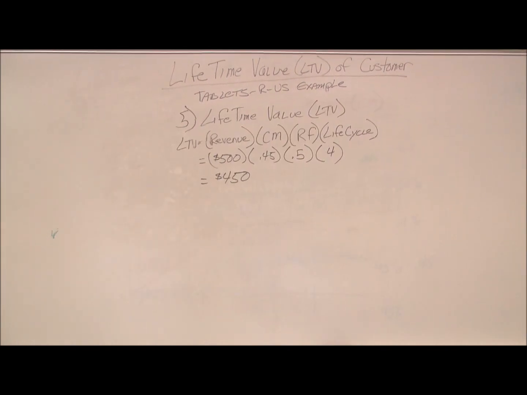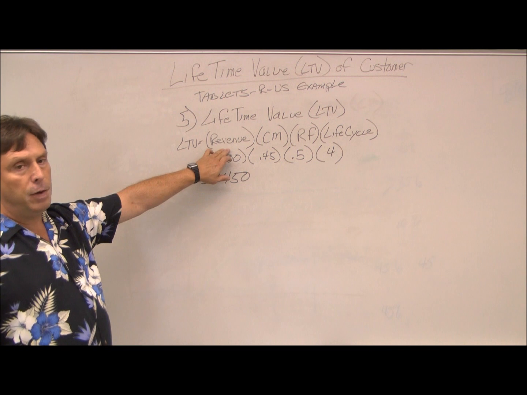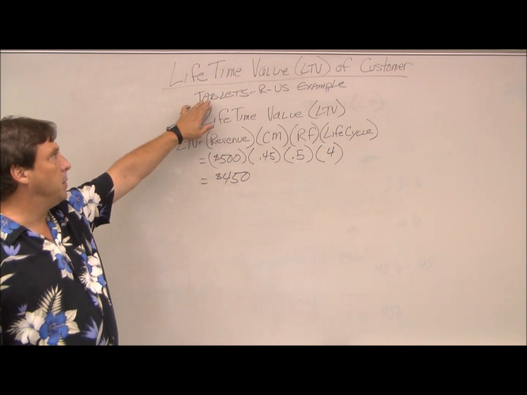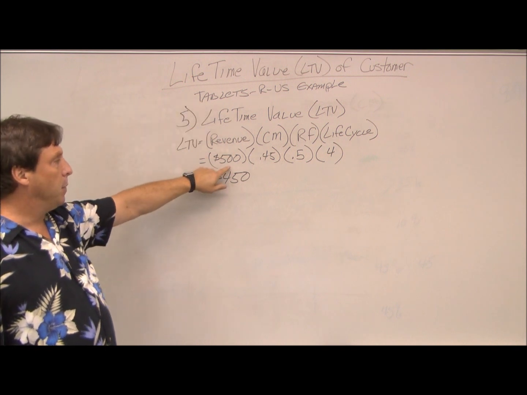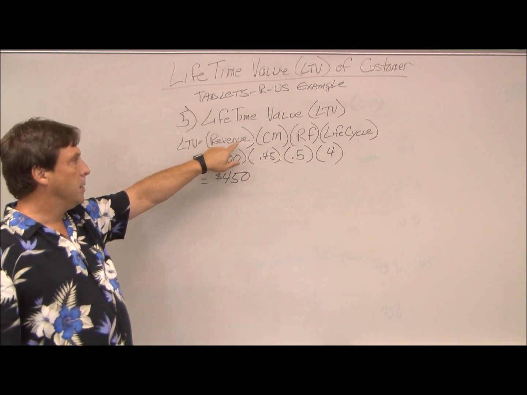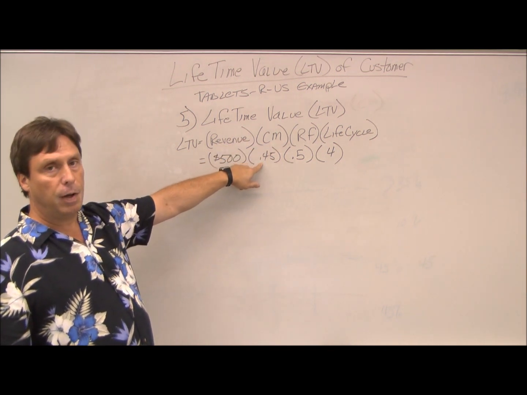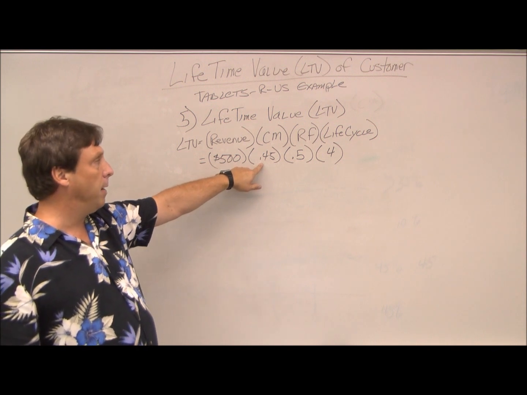All right, now let's put it all together to get the lifetime value. Our lifetime value is simply the revenue per unit, our selling price, which was given in the tablets example, which is $500. So revenue times our contribution margin, which we just figured out was 45%, in decimal form 0.45.